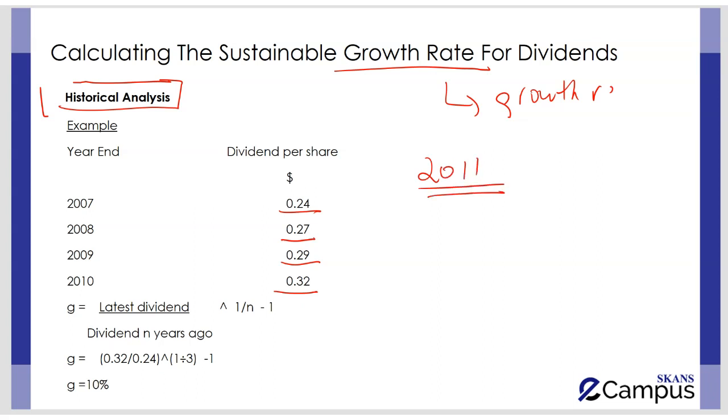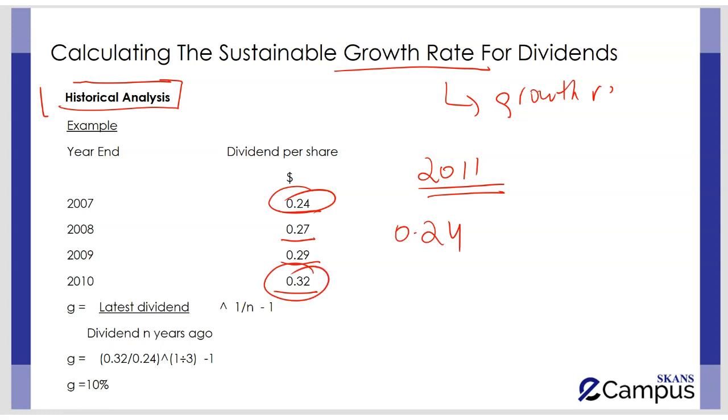So we will assume that the change in each period has been coming at an equal compounding rate. The method is that you assume that you invested $0.24 in 2007, and after 3 years' time, in 2010, it became 0.32.